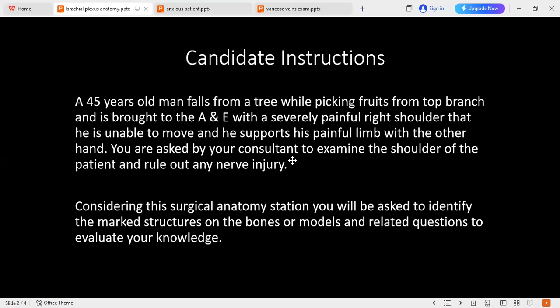And what motor involvement would there be? Loss of intrinsic muscles of the hand and lumbricals, and paralysis of the wrist flexors, and there will be hyperextension of the metacarpophalangeal joint and flexion of the interphalangeal joint. Right, very good.